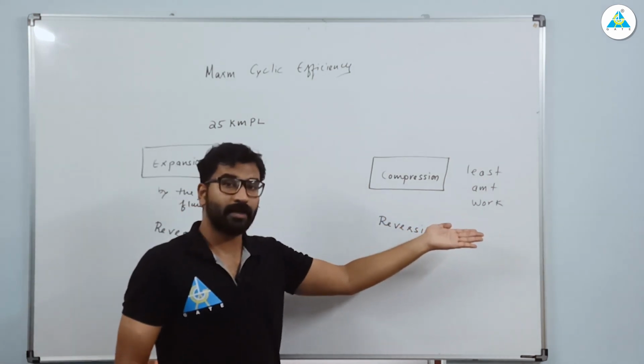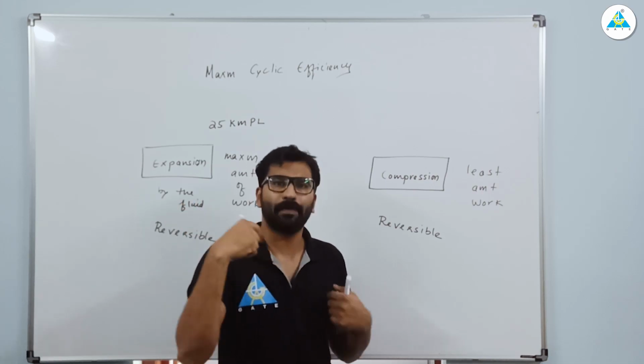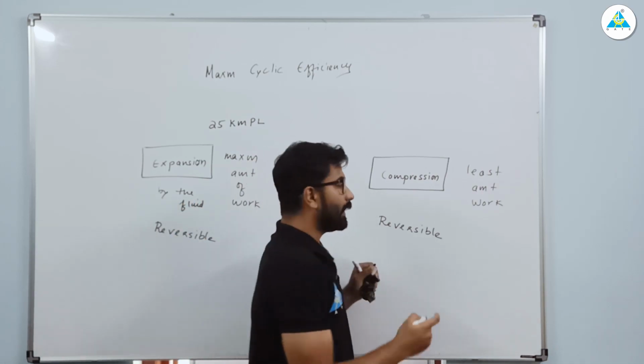Same example I have applied here also, right? When we are deciding to study something, when we are planning something, according to our plan, your whole topic is finished in 1 hour.